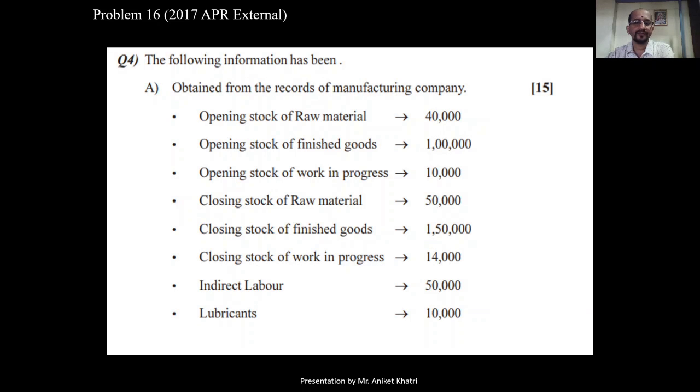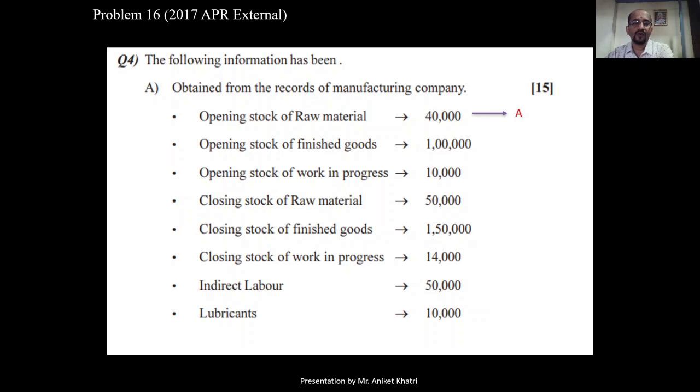So this is the first page of the problem. Okay, so we will first classify these amounts, these items, and we'll go to the next problem. Okay, so first, opening stock of raw material, A item.